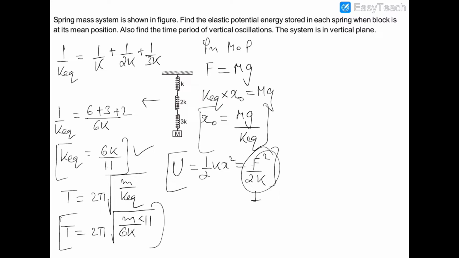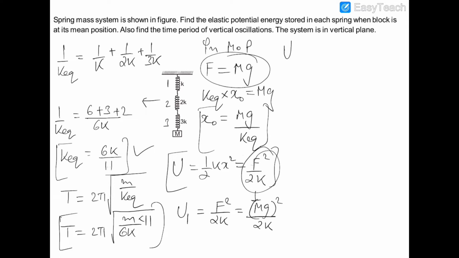So the force developed in each spring will be mg, and therefore the potential energy in spring 1 will be F square by 2k, and F is mg, so this is mg square by 2k.